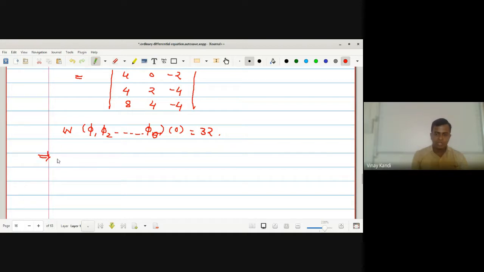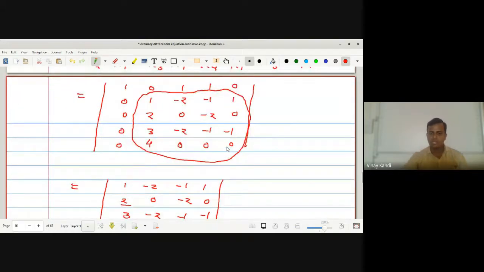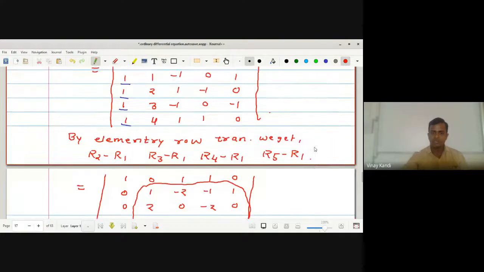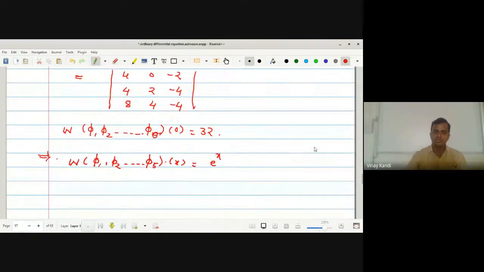Hence, the Wronskian of phi 1, phi 2 up to phi 5 at point x is equal to e raised to x, from equation 3, into 32, which is equal to 32 into e raised to x.